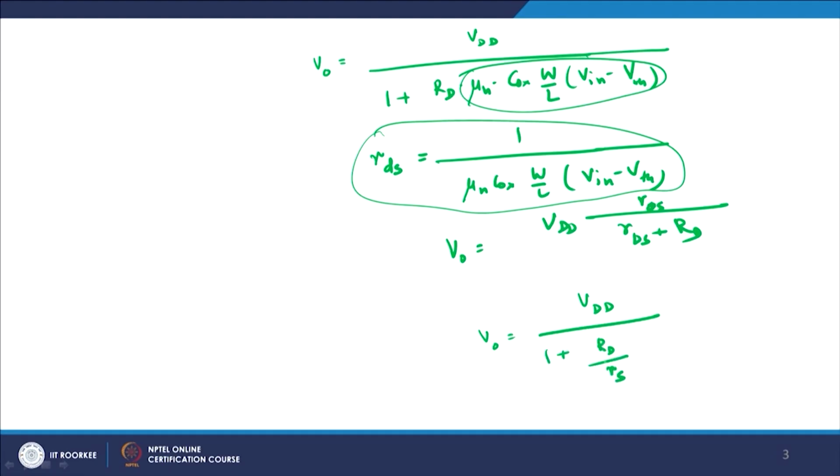So, if you take an LCM and do all sorts of manipulation, VDD comes outside, this in the denominator will come in the numerator, and whatever I finally get is this thing. So, I will get V0 equals to VDD, right, into RDS upon RDS plus RD.